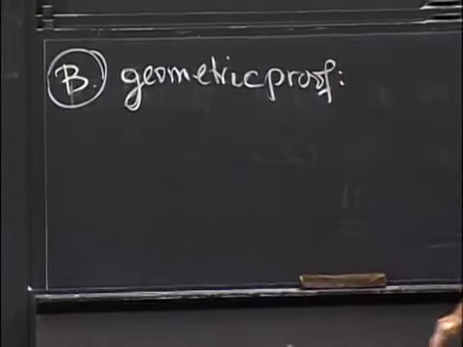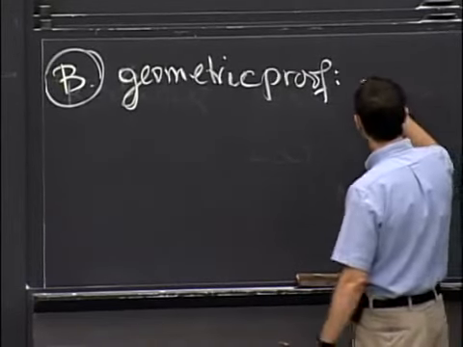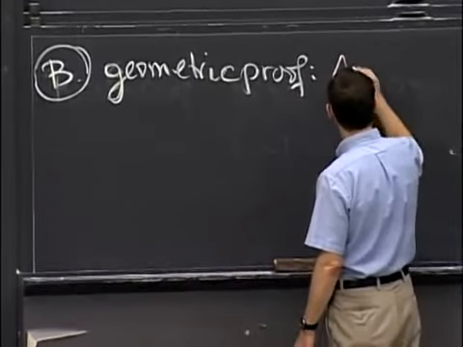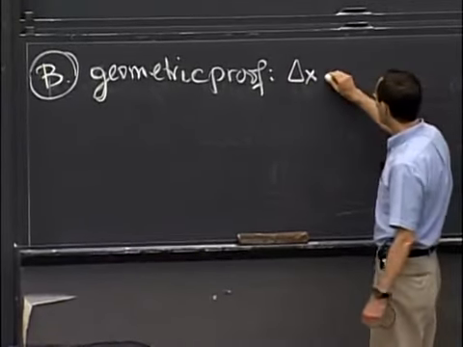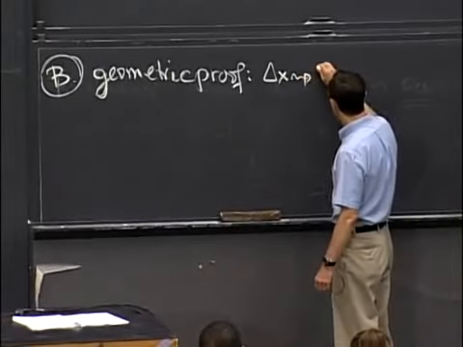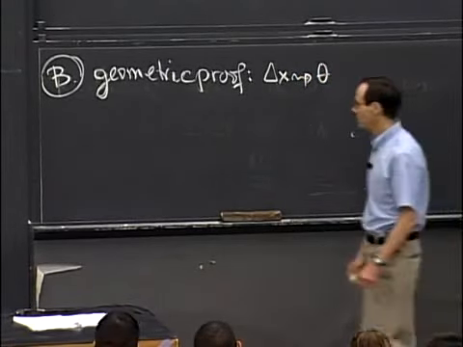And to write down a geometric proof, we're going to have to draw a picture. And the first step in the proof really is to replace this variable delta x, which is going to 0, with another name which is suggestive of what we're going to do, which is the letter theta for an angle.